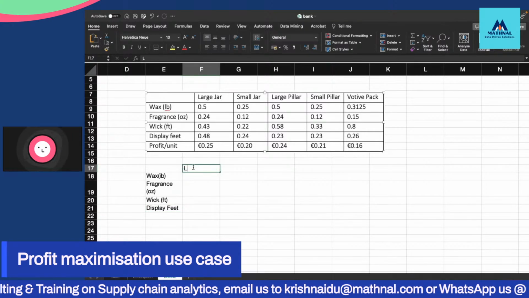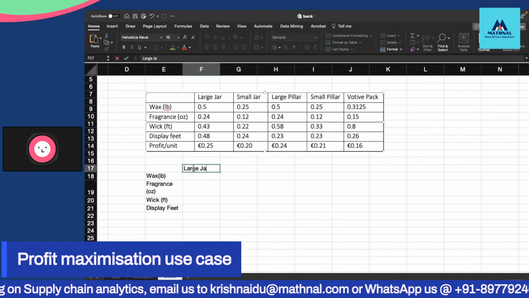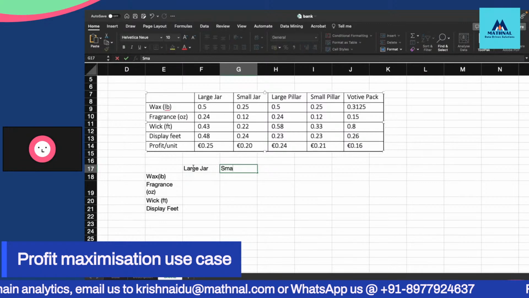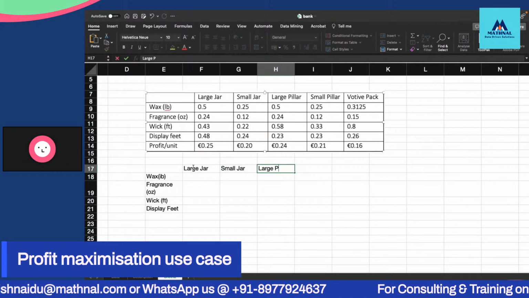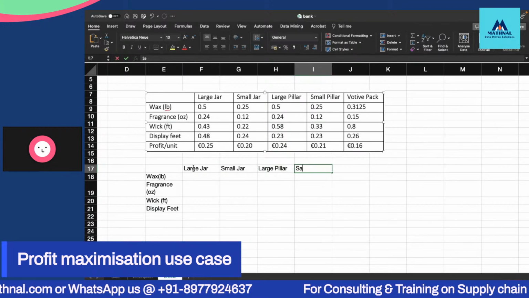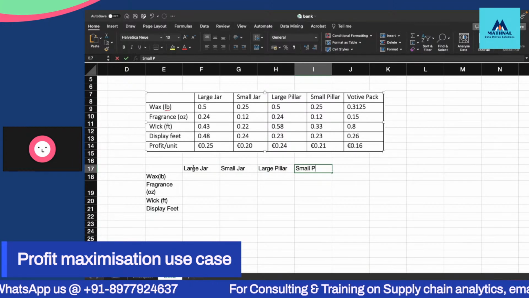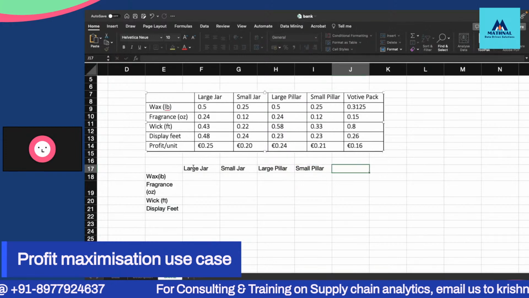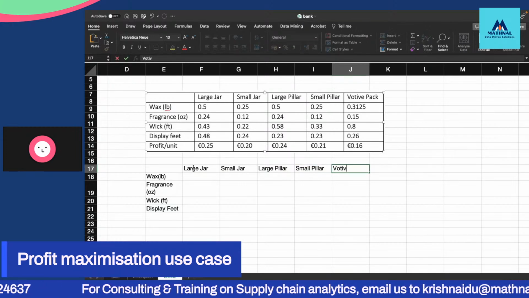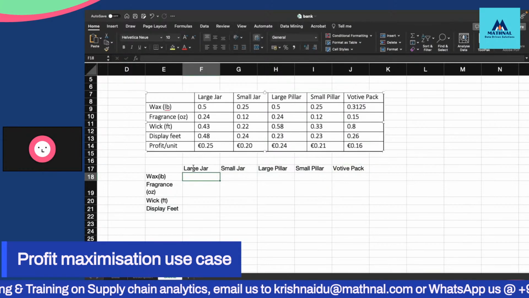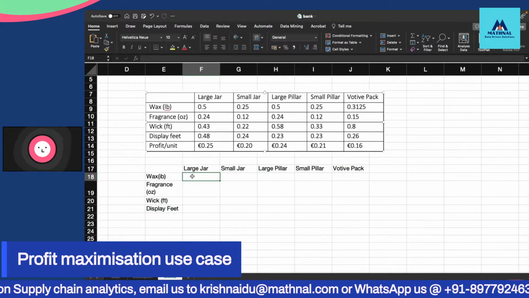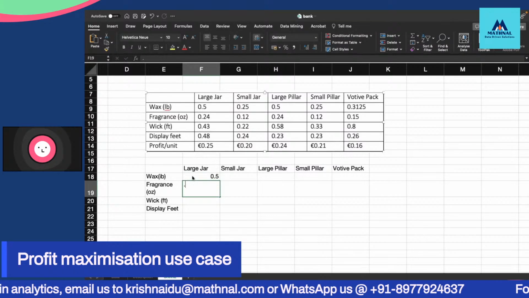And then I'll put the products. Now I'll put the units or quantities here.